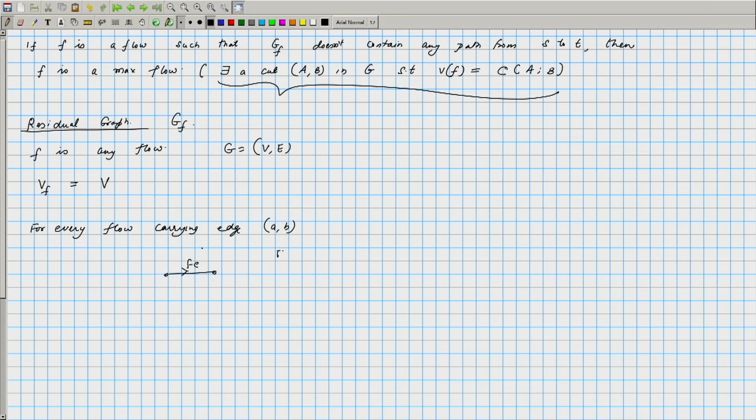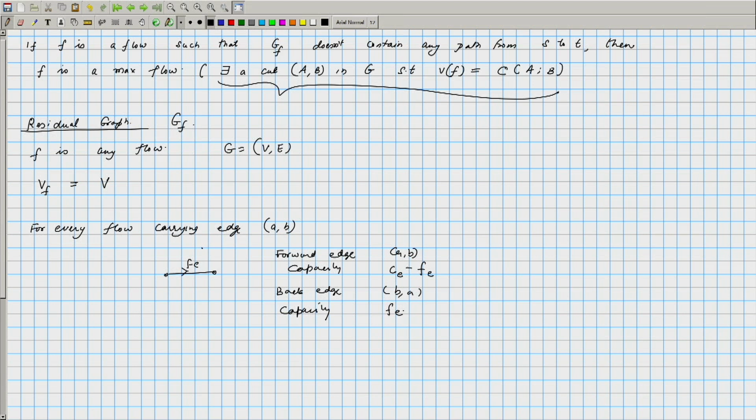First is the forward edge, from A to B, and its capacity will be the capacity of the original edge minus the current flow, and the backward edge will be B comma A, and its capacity will be equal to Fe, whatever was the flow. Okay. So, this is how the residual graph is defined.